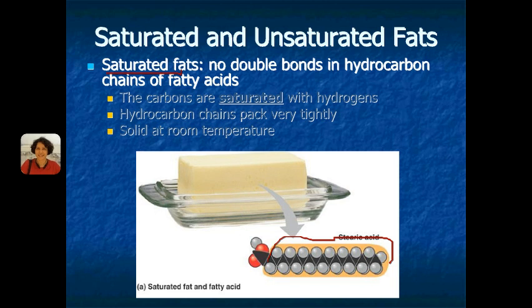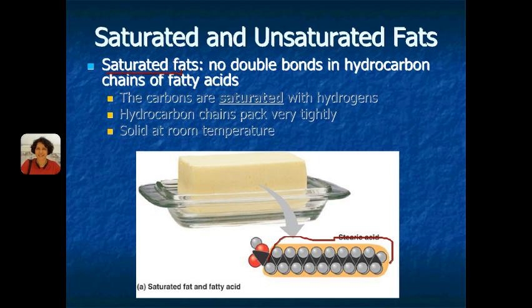As the name tells us, it consists of carbon atoms that are surrounded by hydrogen atoms. So a carbon atom skeleton surrounded by hydrogen atoms. And these hydrocarbons are hydrophobic. They do not dissolve in water.